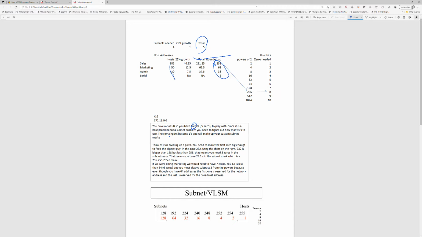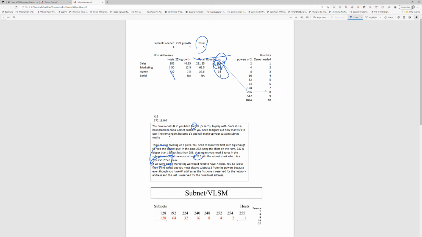And you always make the first slice based on the biggest number of hosts that you need. In this case, 232. So if you have 8 zeros, that means you're going to have 24 1s. So that gives us a subnet mask of 255.255.255.